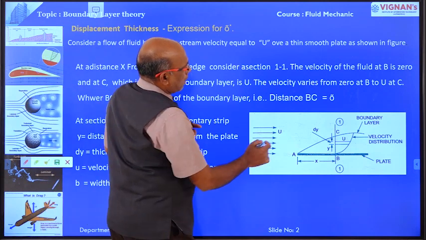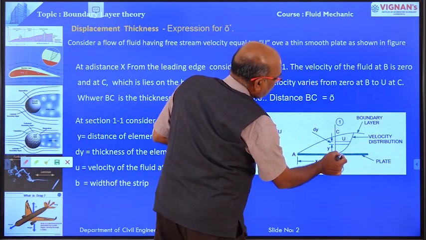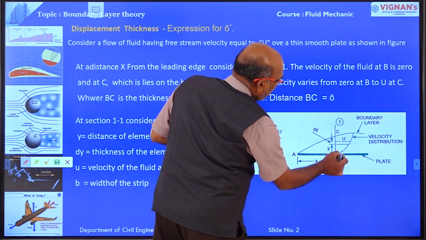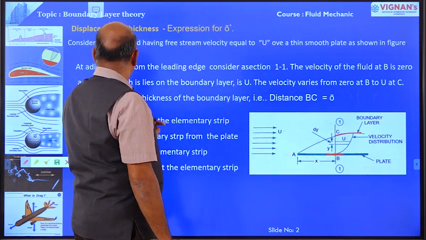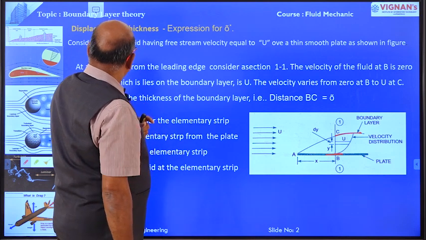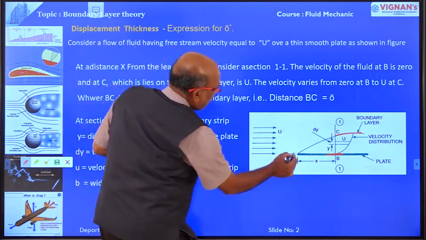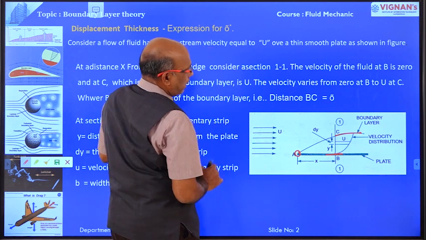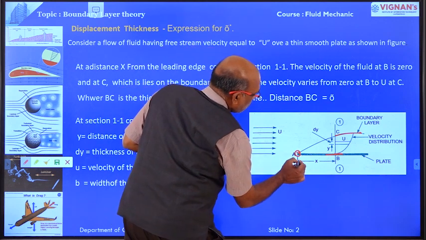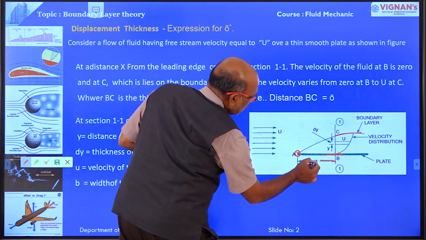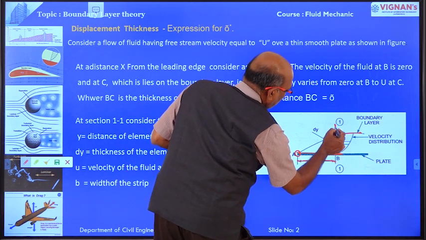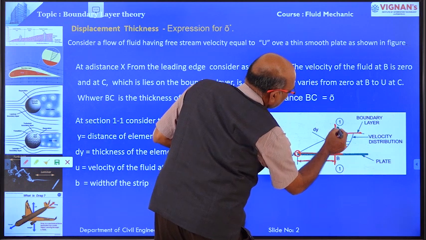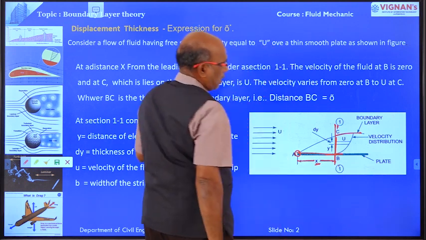Consider a liquid flowing over the body at free stream velocity U, right. Now at a distance x from the leading edge, we are going to take one section, that is section 1-1.